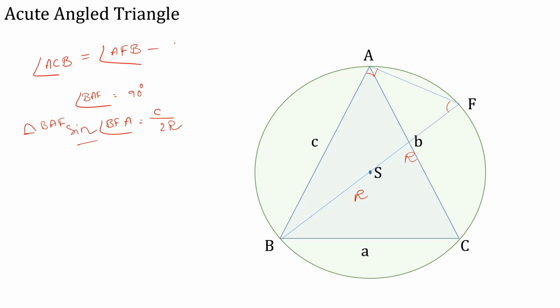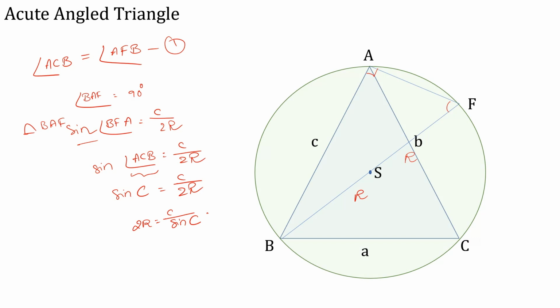And from the first statement, in place of angle BFA, we can write ACB, so it is equal to c upon 2R. For triangle ABC, this angle can be simply written as angle C. So sine C is c upon 2R. On rearranging this, we can write that 2R is equal to c upon sine C.